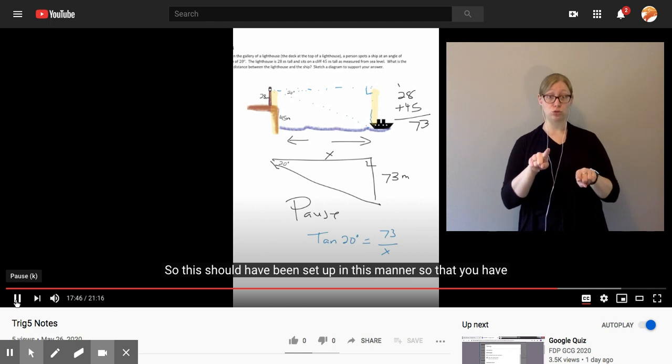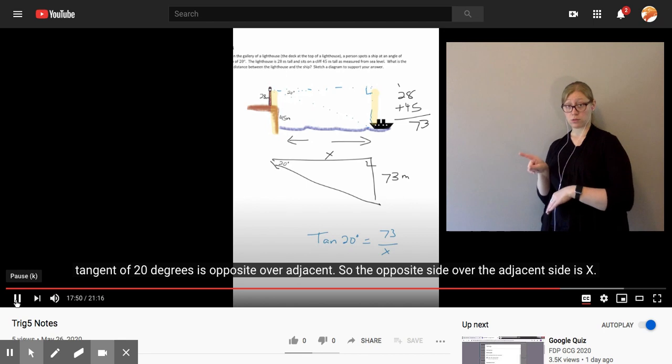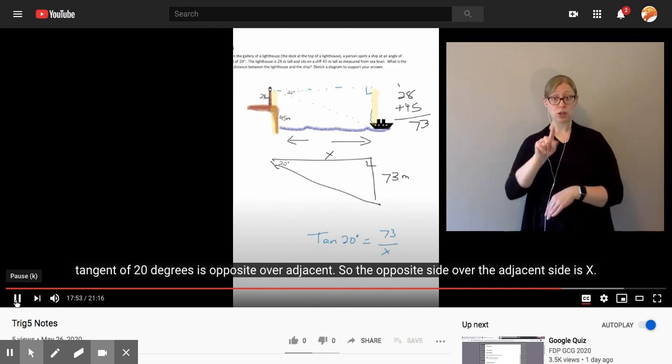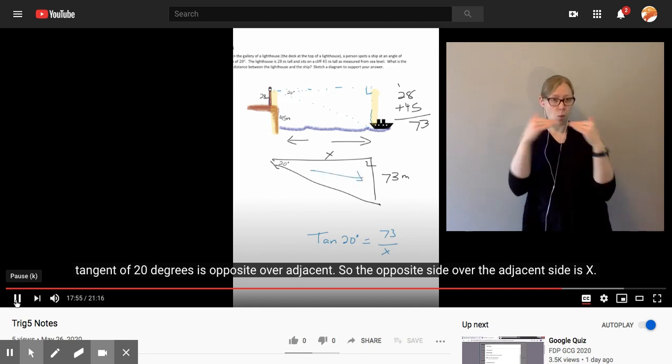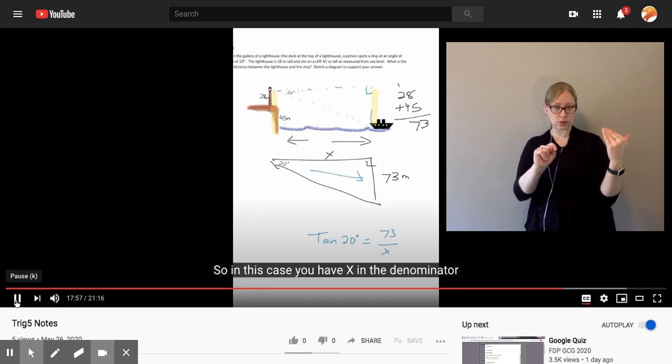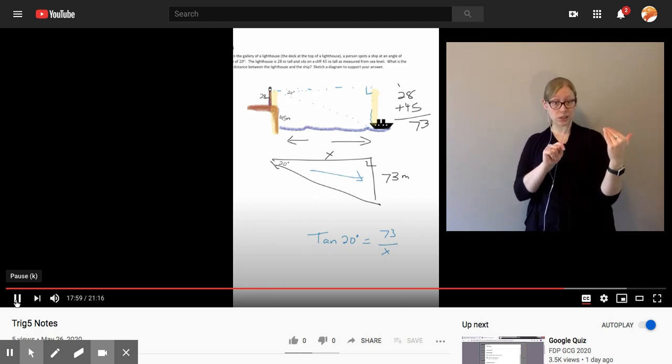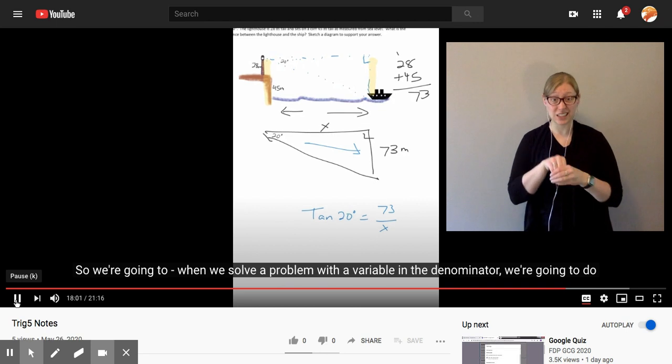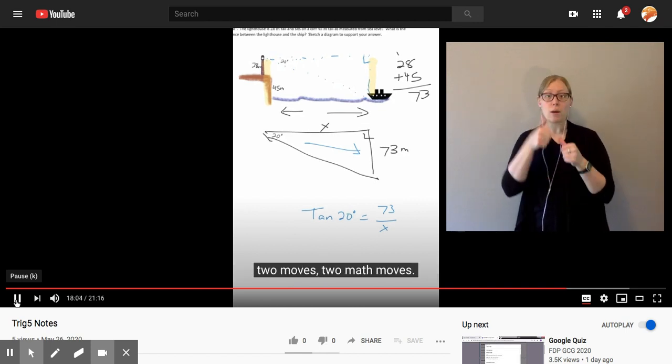So this should have been set up in this manner so that you have tangent of 20 degrees is opposite over adjacent. So the opposite side over the adjacent side is x. So in this case, you have x in the denominator. When we solve a problem with a variable in the denominator, we're going to do two math moves.